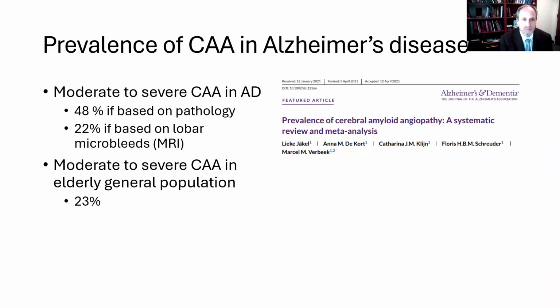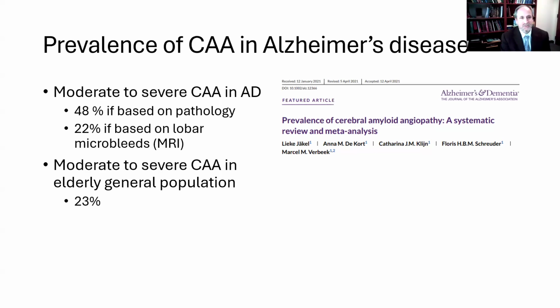According to one systematic review, it was roughly 48% if you base that on pathology. Again, we're talking about moderate to severe cerebral amyloid angiopathy. It was 22% based on lobar microbleeds, which in the proper age group is a very reasonable surrogate for moderate to severe or frankly severe cerebral amyloid angiopathy, which means that there's a number of individuals with moderate to severe disease that will not come out on MRI scans.